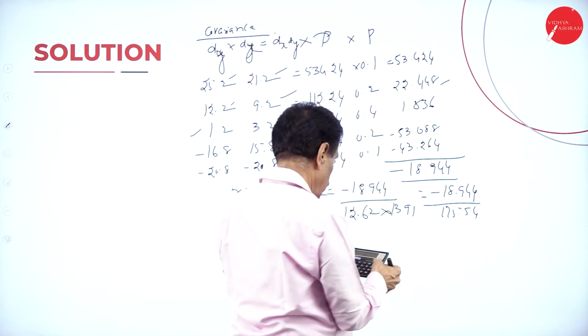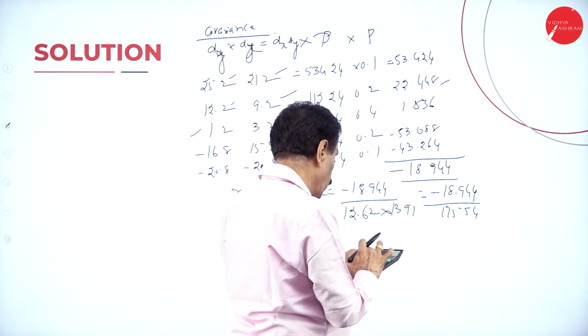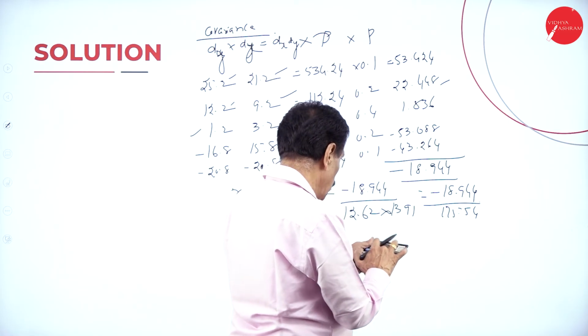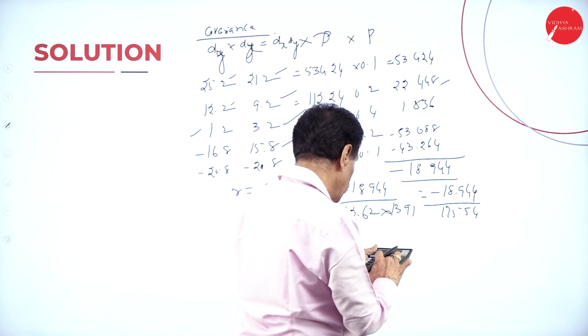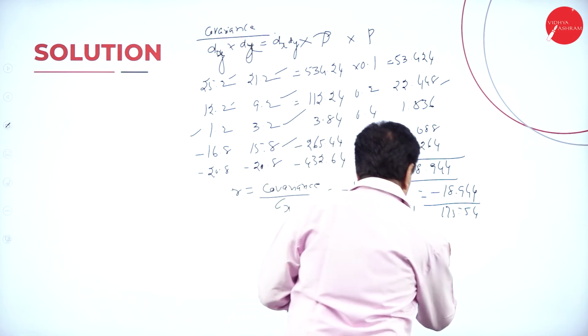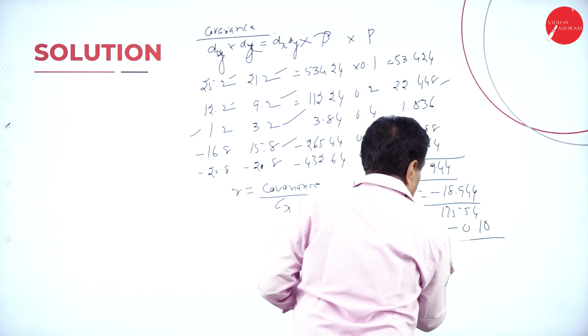That is 175.54. Minus 18.944 divided by 175.54, R is equal to minus 0.10.